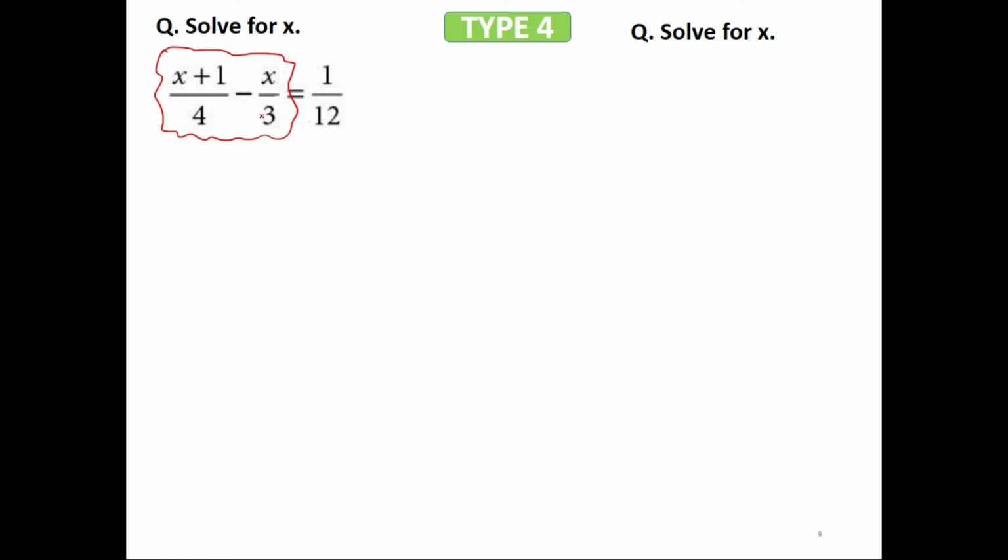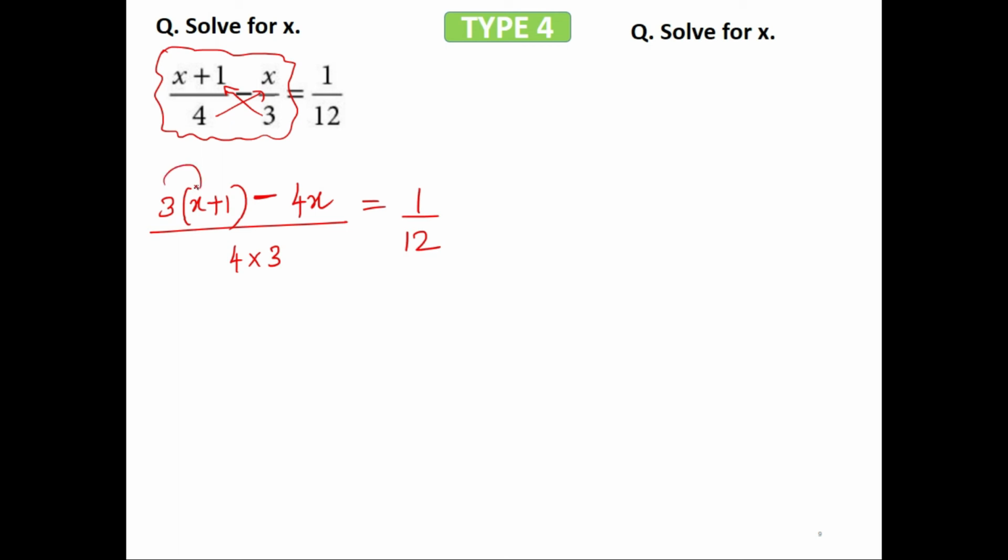So I'll multiply 3 with x plus 1, and I have a minus here, and 4 with x, divided by 4 multiplied by 3, is equal to 1 over 12.